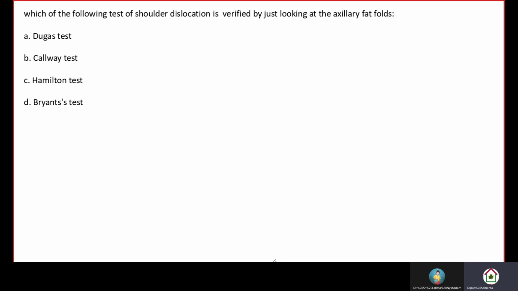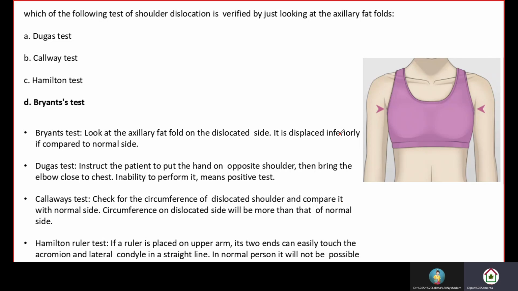Dugas test, Callaway test, Hamilton ruler test, Bryant's test. And the answer is Bryant's test.